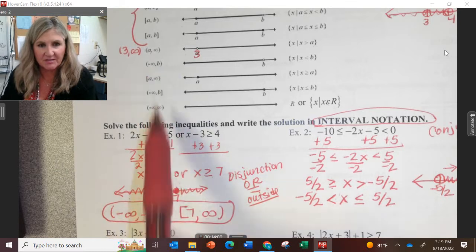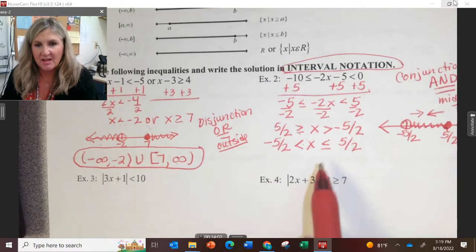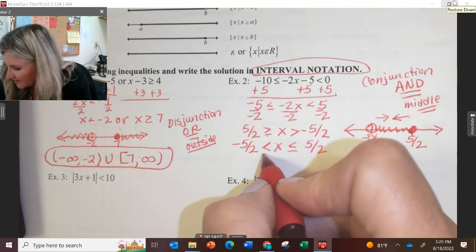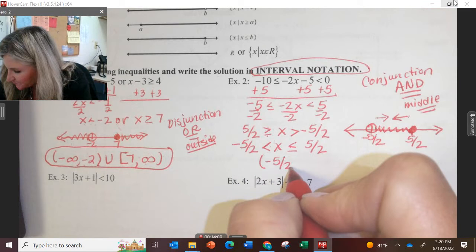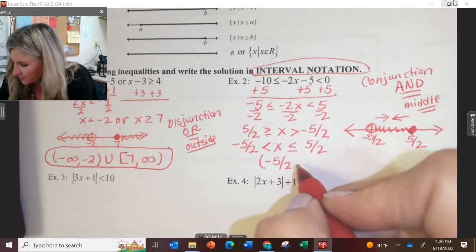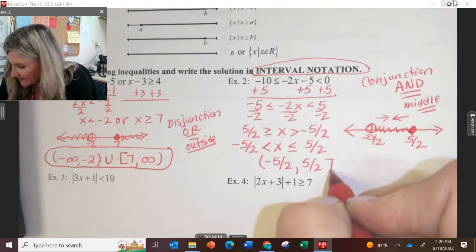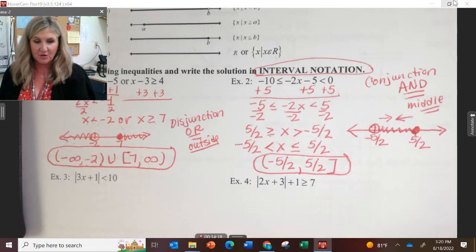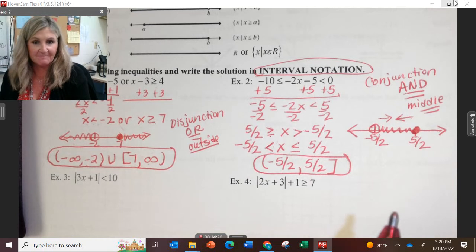So we had to use two of these because it was a disjunction. But for this one, we go from left, what's the first value we use? Negative 5 halves, up to 5 halves. Anything that's in this interval, any value in that interval, is going to be a solution.